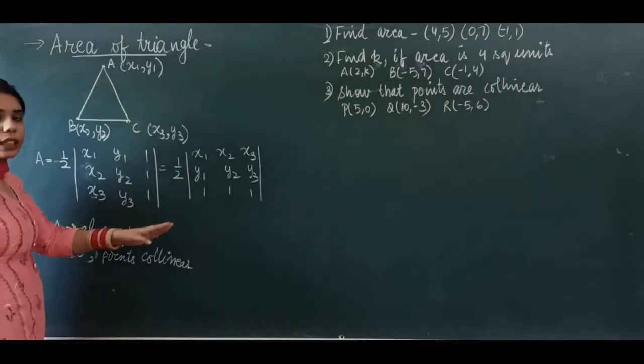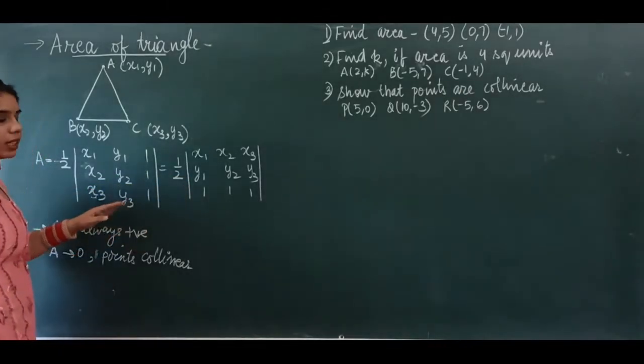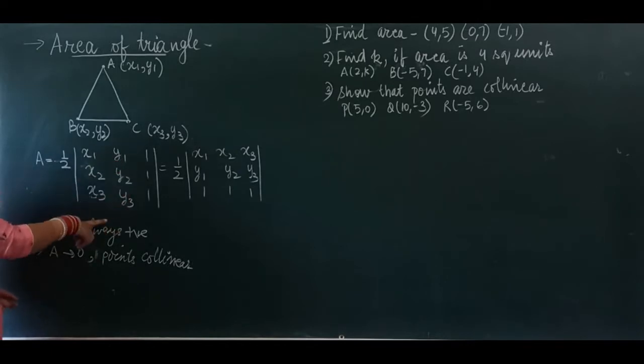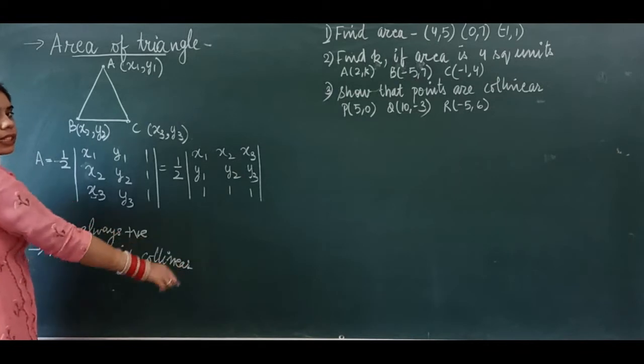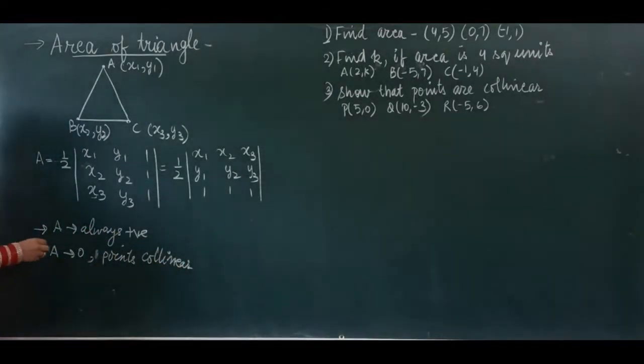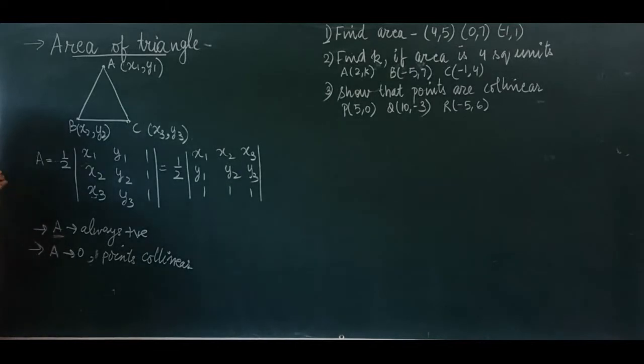We have seen in the properties of determinants that if rows and columns are interchanged, the value of the determinant remains the same. So either way I will get the same answer.